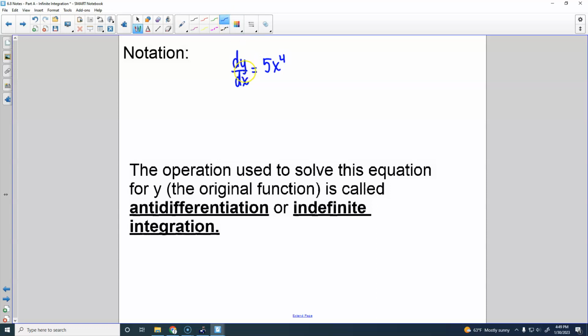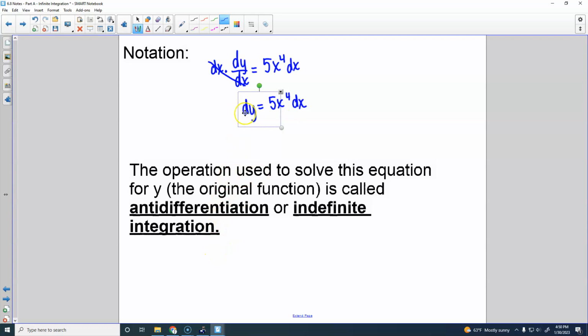So if I want to solve this equation right here for y, I have to get rid of everything on that left-hand side that doesn't deal with a y. So I would multiply both sides by the dx like so. And that would give me dy equals 5x to the fourth dx.